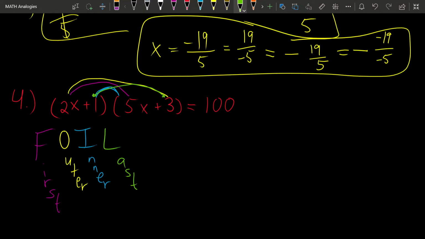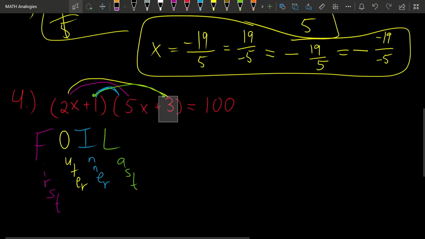And essentially all we're doing is multiplying everything in the second set of parentheses by everything in the first set. You see, the 5x has to get multiplied by both the 2x and the 1. It gets multiplied by the 2x with the purple line, the first, and by the 1 with the inner, the blue line.